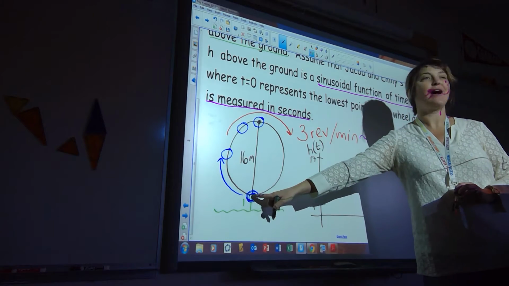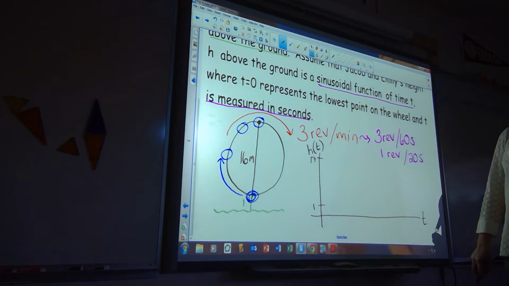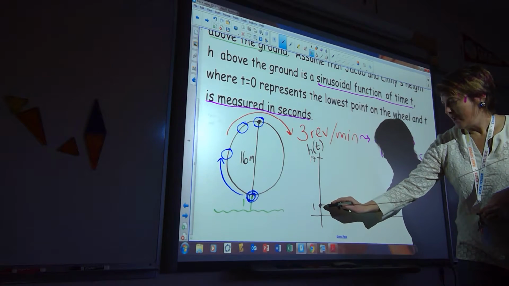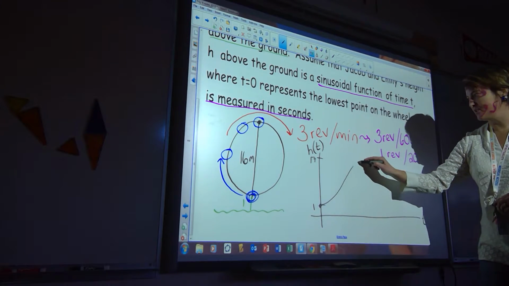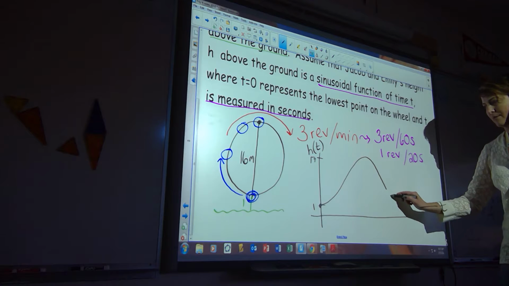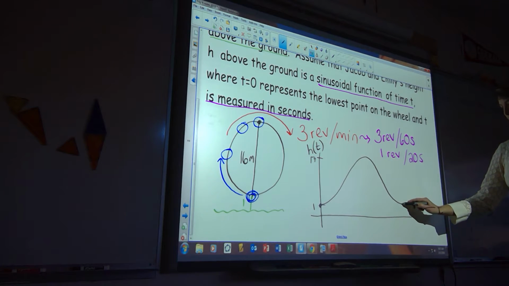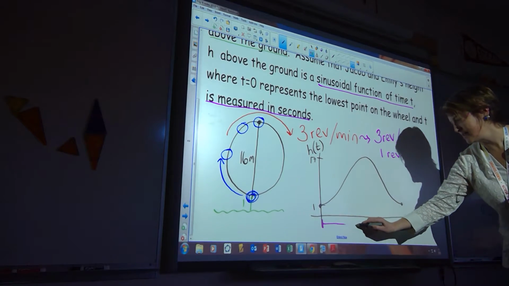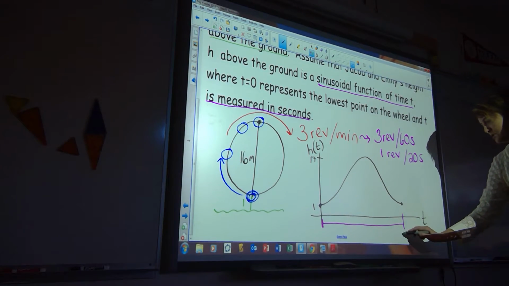Because we started at 1 and then went 16. All right, so we are starting here, and we are eventually getting to a maximum and then getting back to the ground, or a meter above the ground. And we know that that is taking us 20 seconds.